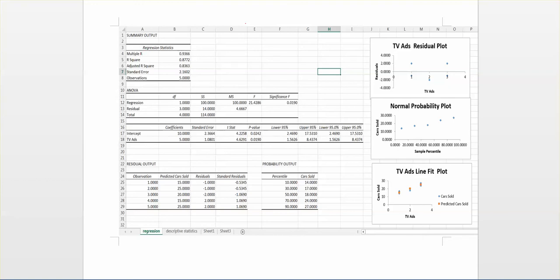First, let's look at the regression statistics table. The first statistic is called multiple R. If we connect multiple R with what we learned in class, you should recognize that multiple R is actually our coefficient of correlation.